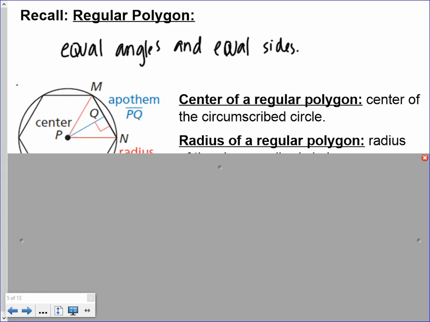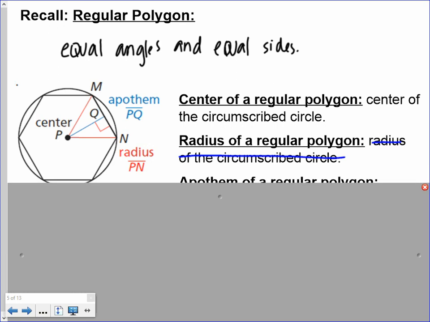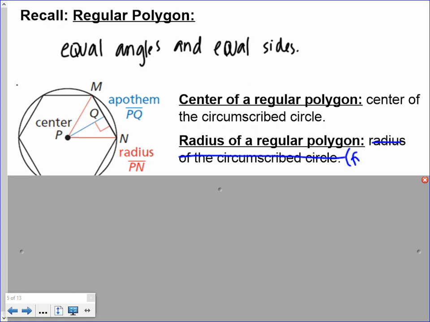The radius of a polygon. I don't want you to write this definition down, but I do want you to write something down here. So a radius goes from the center to a vertex. Okay?